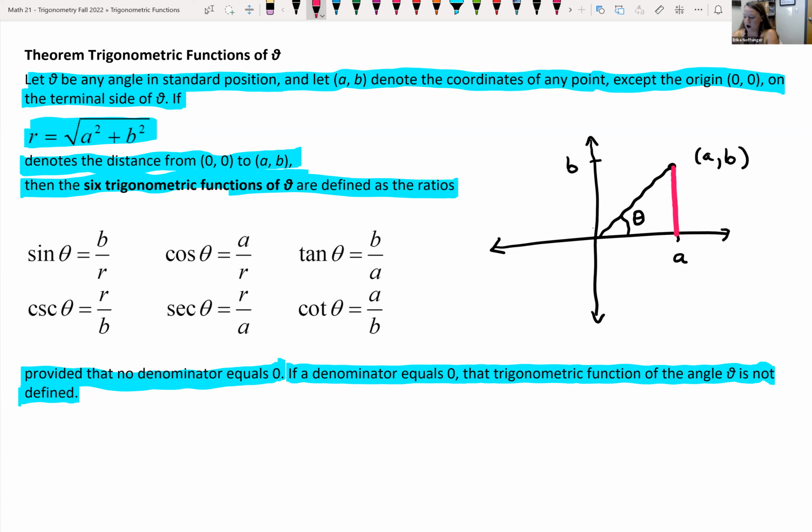Notice that our y value, which is b, is the opposite side of theta. We had looked at finding this radius or hypotenuse before, and we saw that we can use the Pythagorean Theorem. In this case, they used r. So we know that r squared is equal to a squared plus b squared. We're talking about distance, so when we take the square root, we're just looking at the positive.